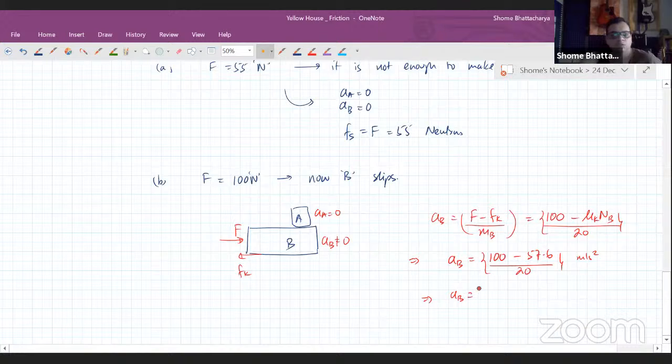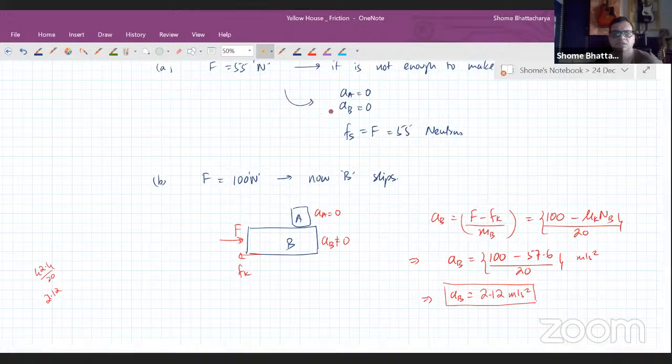The acceleration of B will become 100 minus 57.6, which gives us 42.4, divided by 20. So that is 2.12. So 2.12 meters per second squared will be the initial acceleration of B.